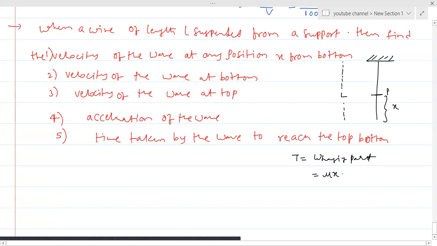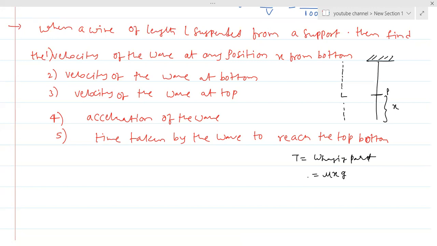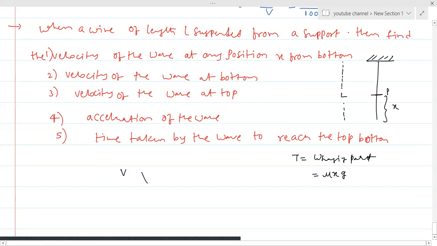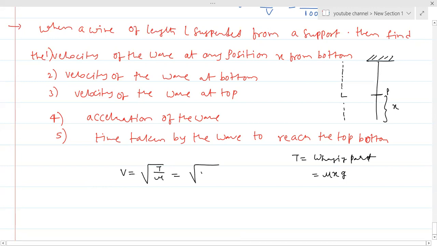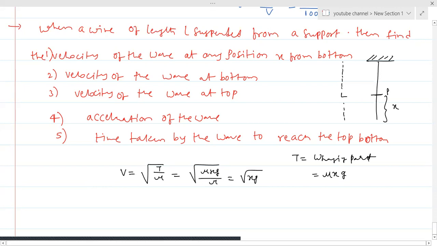Therefore mu x is the mass, times g. Mu is the linear density per unit length. Per 1 meter length we have the mass as mu. So for x length we have mu x as the mass. Therefore, the velocity of the wave, v equivalent to root over T by mu. T means mu x into g, by mu. So v equivalent to root of x g. This is a very famous problem. V equivalent to root over x.